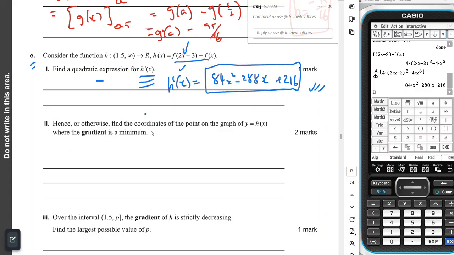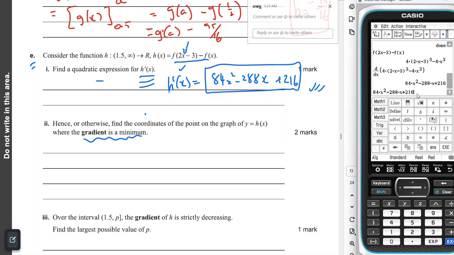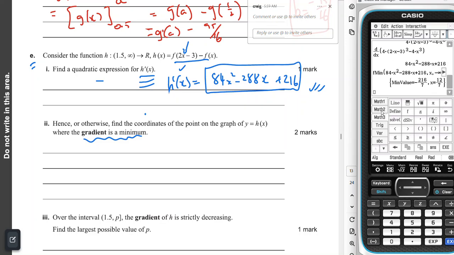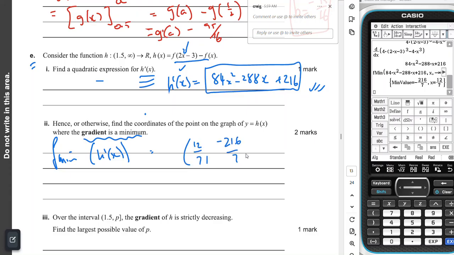Hence or otherwise, find the coordinates of the point of the graph where the gradient is a minimum. Okay, so if I want to minimize this, the coordinates of the graph where it's a minimum will be the min of h dash of x, and that will give you 12 on 7 and negative 216 on 7.